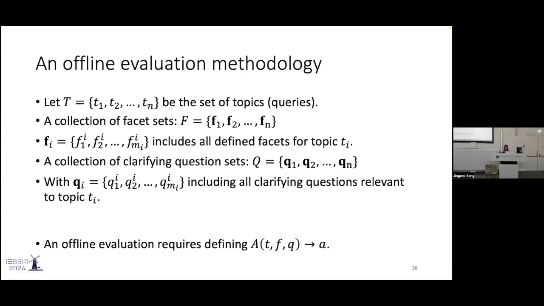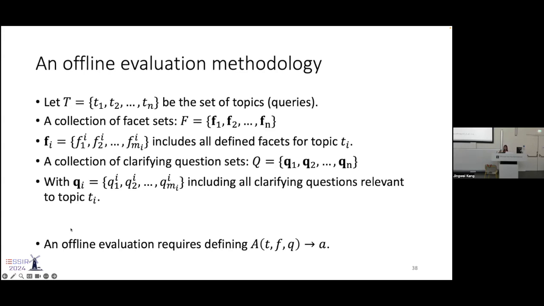We also have a collection of facet sets. F contains different sets of facets where each Fi includes all the defined facets for topic Ti. And we also have a collection of clarifying question sets, Q, where each Qi includes all the clarifying questions relevant to topic Ti.